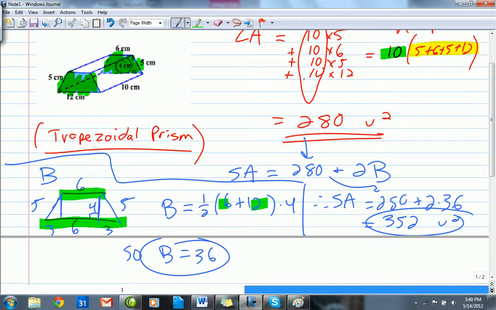Okay, so what's different between the lateral area and the surface area? Well, it's the bases, the capital bases, not the area of the bases.